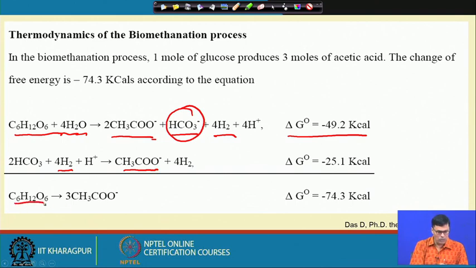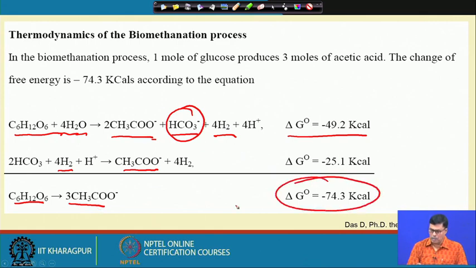One mole of glucose usually produces 3 moles of acetic acid. The total free energy change of this system is minus 74.3 kilocalories, so this clearly indicates that the reaction is favorable.